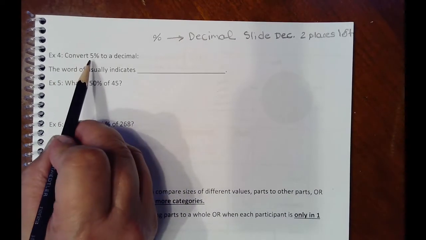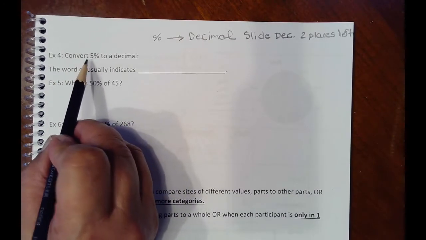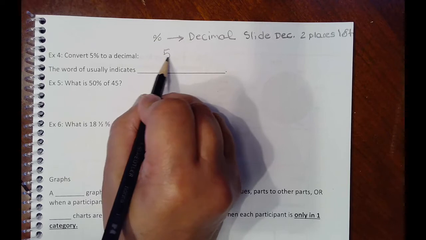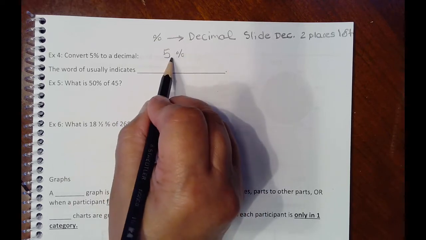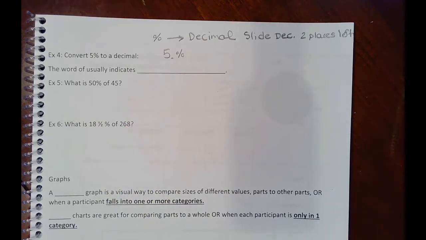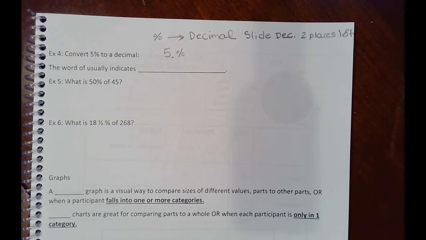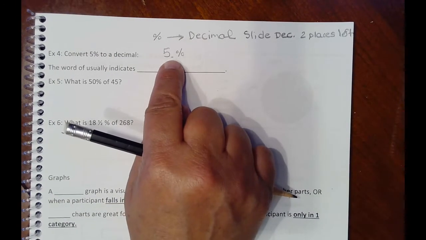So we have to recognize, where is the decimal in this percent? And it is said that whenever a number does not show the decimal, it is said to be completely on the right of the number. Some of them you'll actually see it there, but when you don't see it, it is all the way to the right.